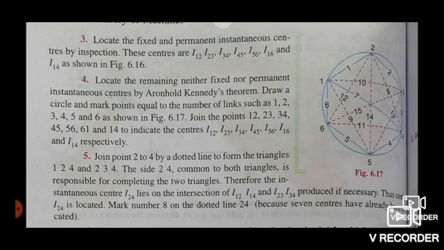Therefore, the instantaneous center I24 lies on the line I12 I14 and I23 I34, produced if necessary.